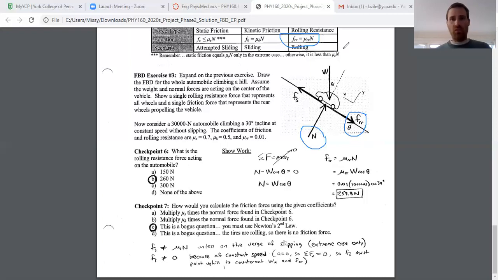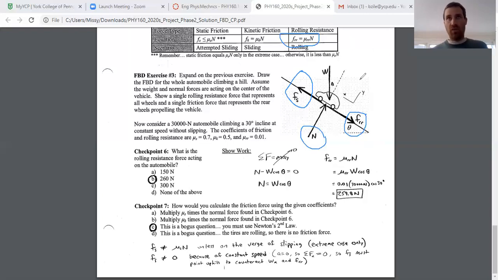The other force resulting from the road touching the car is the friction force. And we're used to friction force opposing the motion or opposing the intended motion. In the case of a car, it's a little different because you have the wheels underneath of it trying to make the car go.